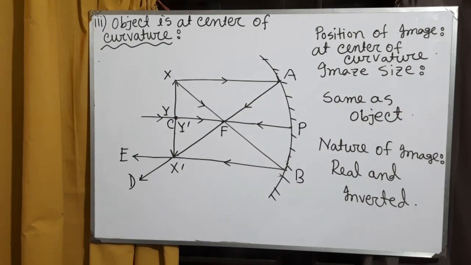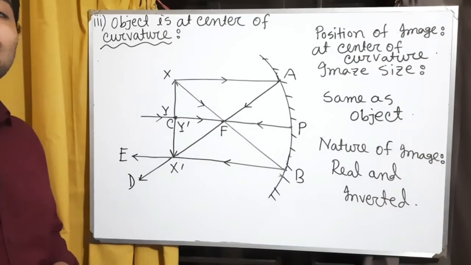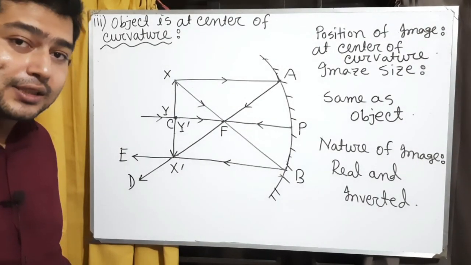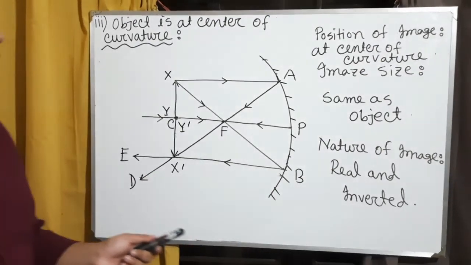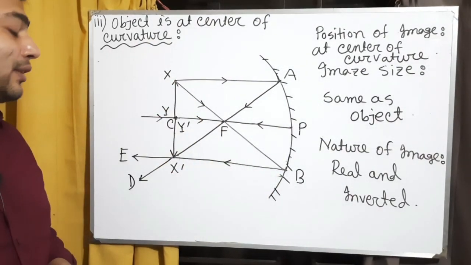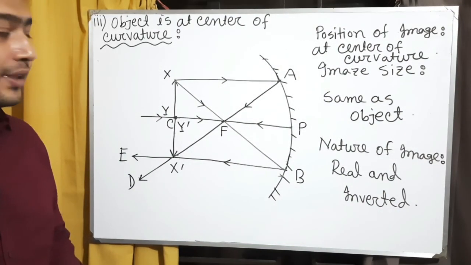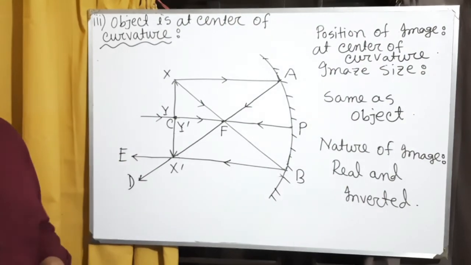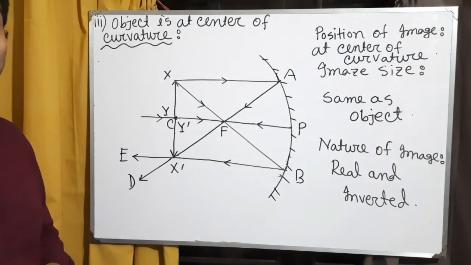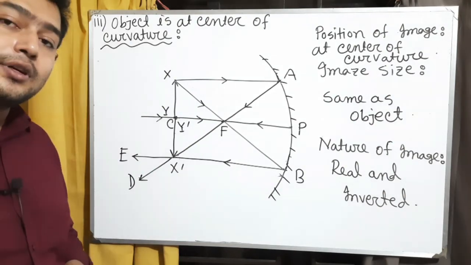Okay, and the nature of the image is real and inverted. Now our third topic is when the object is placed at the center of curvature. So you see a figure diagram. This type of figure diagram is called a ray diagram. Here XY is our object which is placed at the center of curvature.